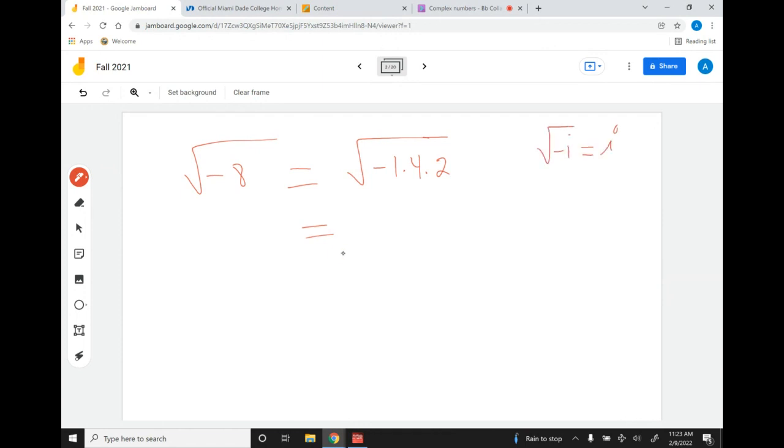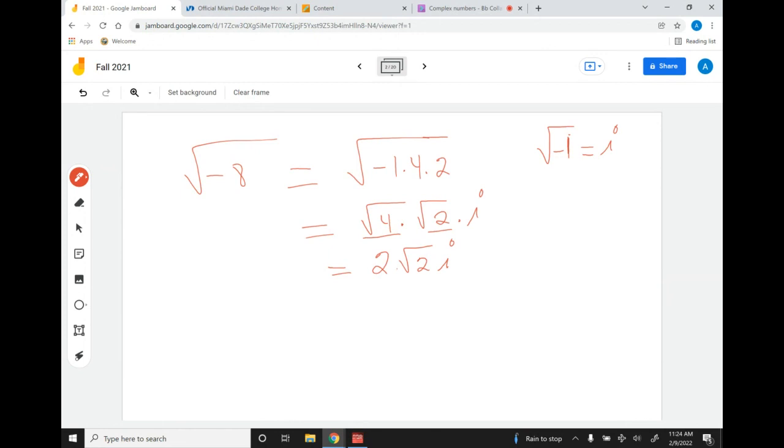So that means that our answer would be the square root of 4 times the square root of 2 times i. And then you continue. Now we know that the square root of 4 is 2. The square root of 2 will remain the square root of 2. There's nothing that we can do to it.